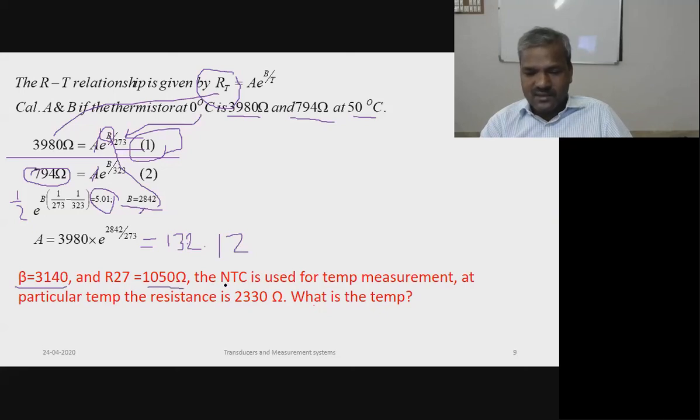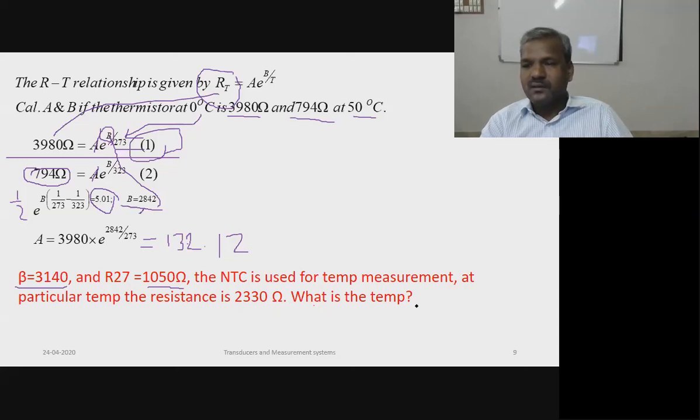The NTC, negative temperature coefficient thermistor, is used for temperature measurement. At a particular temperature, the resistance is 2330 ohm. What is the temperature?